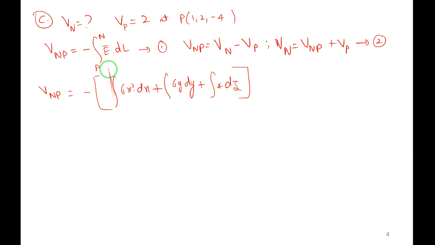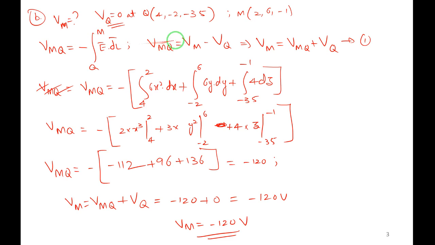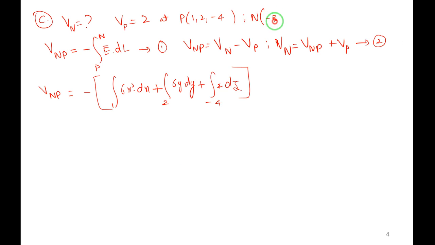First write down the coordinates of point P: 1, 2, minus 4. Then write down the coordinates of point N. Yes, the coordinates of N are minus 3, minus 3, 2. Right? So minus 3, minus 3, 2.